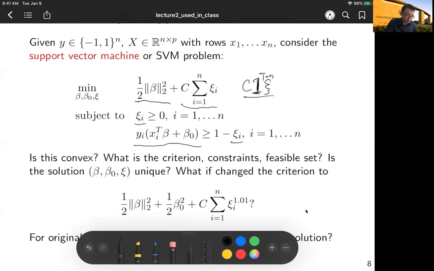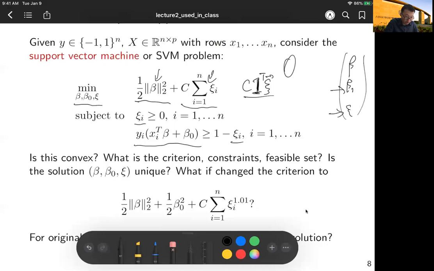Right? So notice that we have 3 variables, and this part is a quadratic function, and this part is a linear function. Therefore, overall, we can rewrite this as a quadratic function with a concatenation of beta, beta 0, and xi, right? But if we think about it, even though for beta the corresponding part of the quadratic function is this identity matrix, so it's positive semi-definite, we have really no control over how these other parts of the objective function behave, whether they have any constraints.